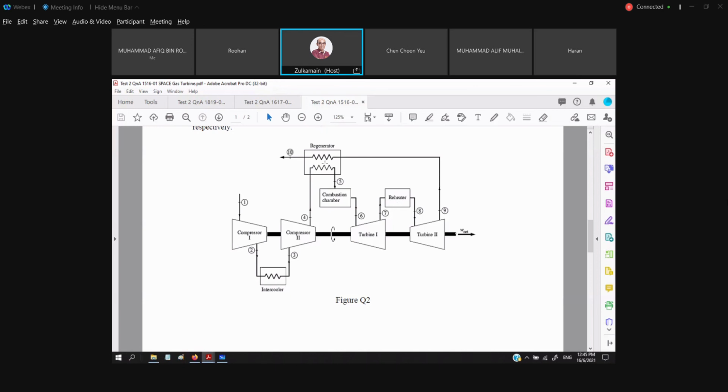The only thing that we could get in terms of increasing the thermal efficiency is this regenerator. So individually, the purpose of this intercooler is to increase the W net. The regenerator is to increase the thermal efficiency. The reheat is to increase the W net. Okay, so 2 W net, 1 thermal efficiency.